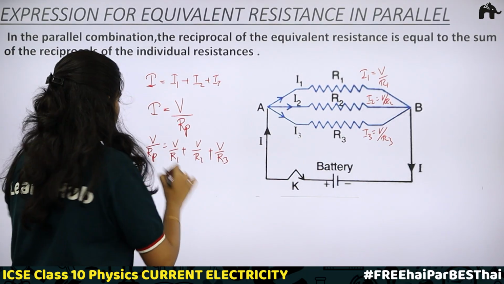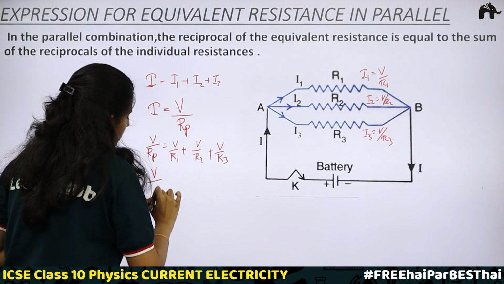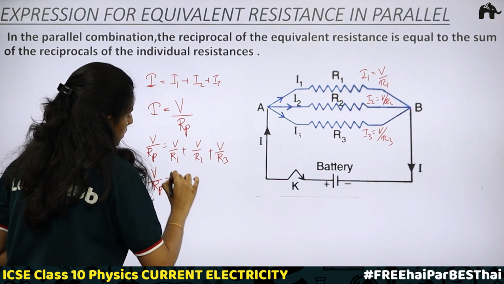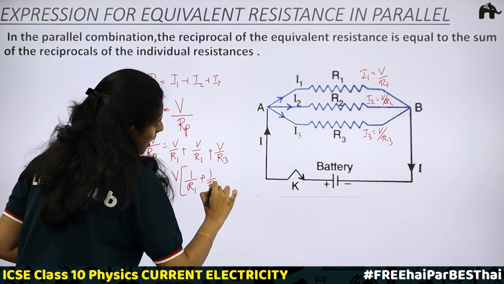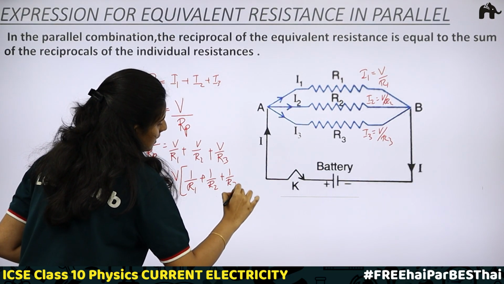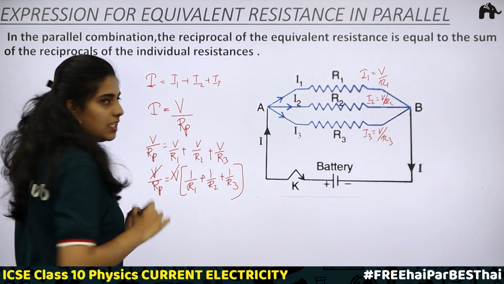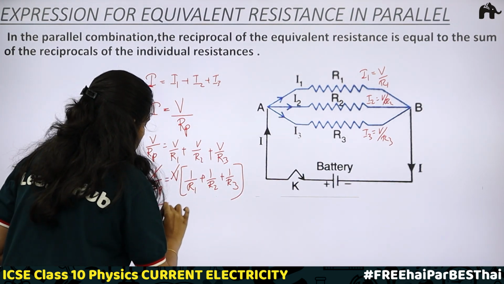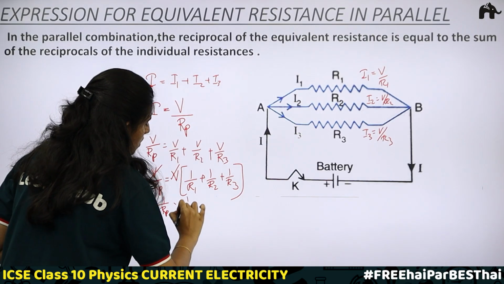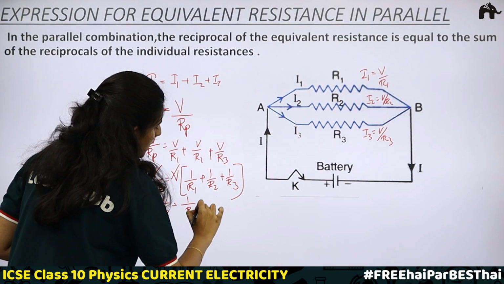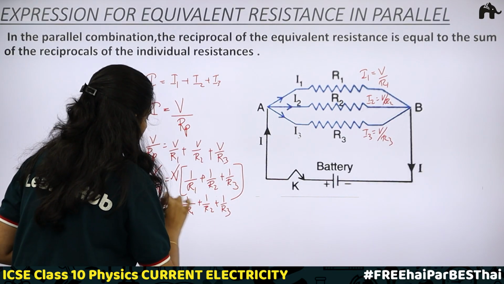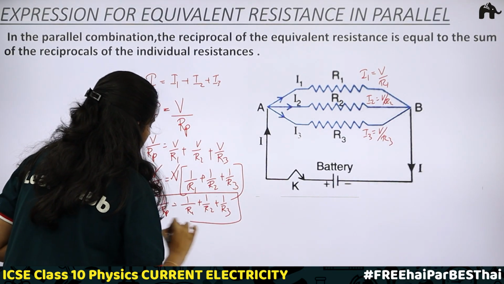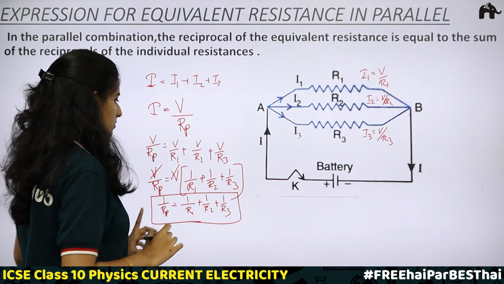Okay, here V divided by Rp is equal to, V is common, 1 by R1 plus 1 by R2 plus 1 by R3. Okay, V and V can be cancelled. Then what do we get? 1 by Rp is equal to 1 by R1 plus 1 by R2 plus 1 by R3. So this is how you can find the equivalent resistance in parallel.